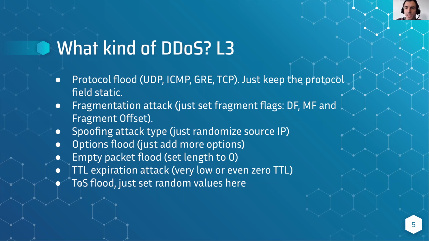Spoofing attack types, all kinds of attacks when you see a source of packet which is actually not real, because you may start seeing lots of malicious traffic from Google or Amazon. Of course they cannot do it this way, but it means that somebody else in between created a fake one. Options flood, all kinds of different tricks with IPv6 options or IPv4 options, TTL expiration attack, and terms of service flood. The last one is weird. I actually never saw it, but everything else, in some cases, I saw for real.